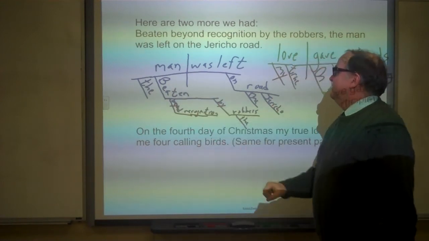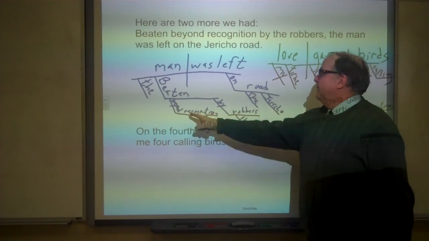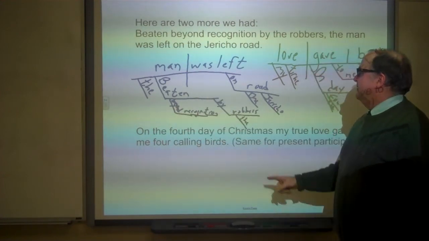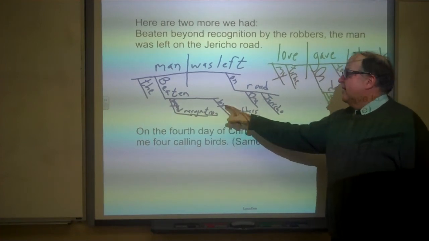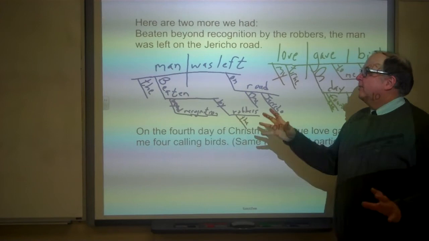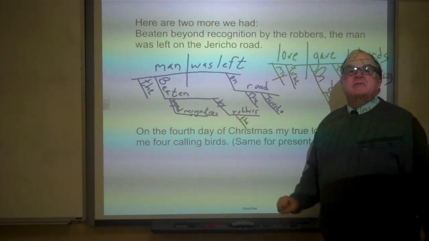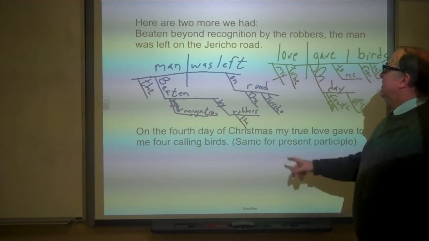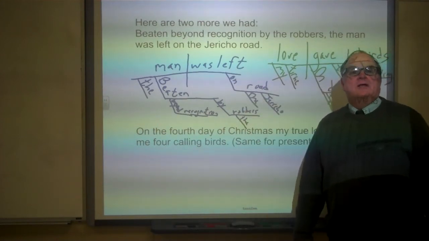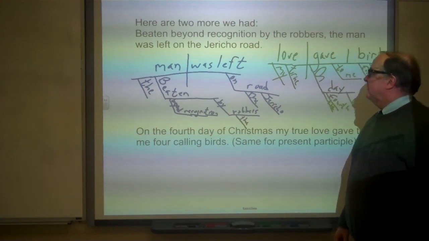So we have beaten, modifying man, and then beyond recognition, of course, is the prepositional phrase modifying beaten, and by the robbers, another prepositional phrase modifying beaten. Notice both those words modify beaten, they're part of the whole participial phrase, but they're individual prepositional phrases themselves. And then on the Jericho road modifies left, answers the adverbial question where he was left.